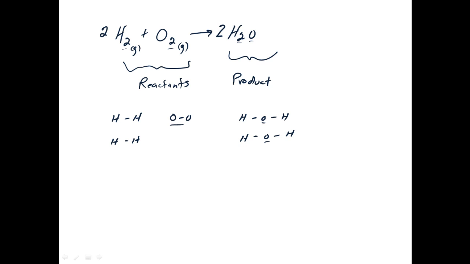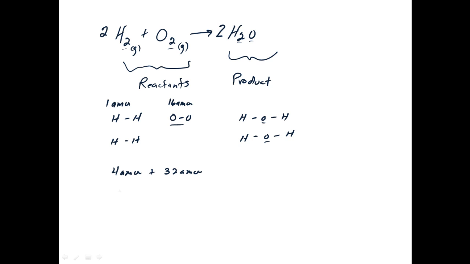Now, according to Dalton, again, matter cannot be created or destroyed. We know that each one of these hydrogens has a mass of 1 atomic mass unit. And we know that each oxygen has a mass of 16 atomic mass units. So we've got 1 times 4, we've got 4 atomic mass units worth of hydrogen, and 16 times 2, we have 32 atomic mass units of oxygen.